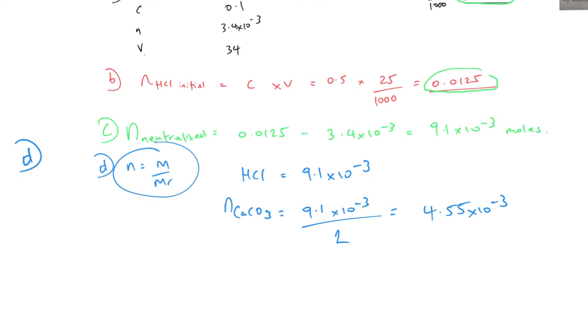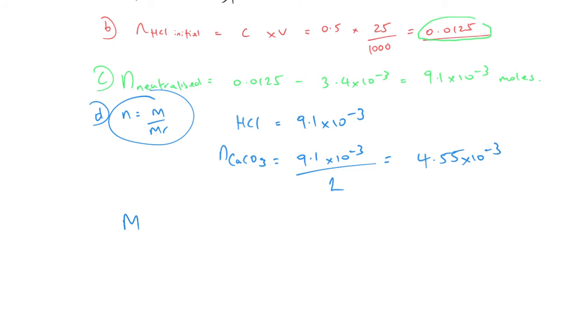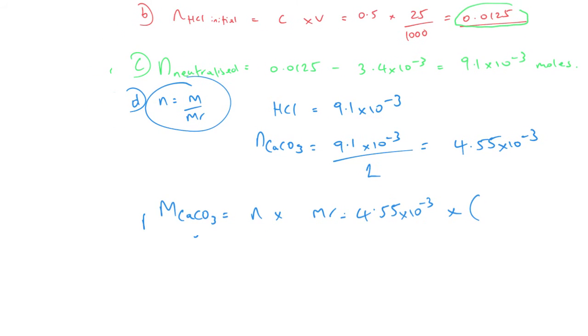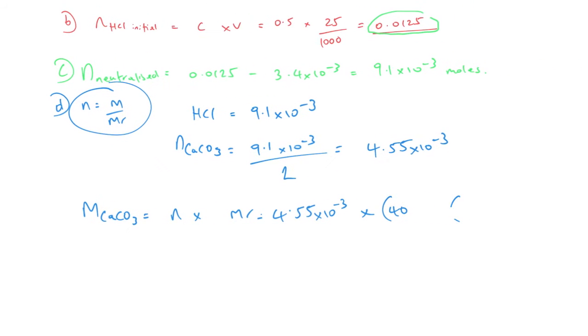And I'm going to rearrange this equation to give me mass. I want to work out my mass of calcium carbonate. So I'm going to do the number of moles times the Mr, which means I'm going to take 4.55 times 10 to the minus 3, and times that by calcium carbonate's Mr. So I've got 1 calcium, so 40.